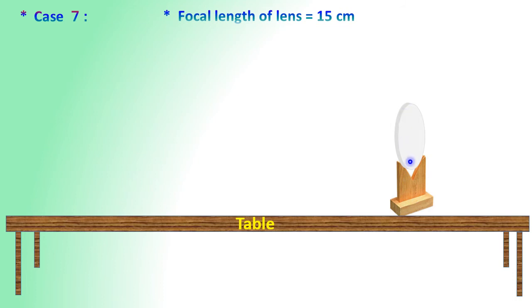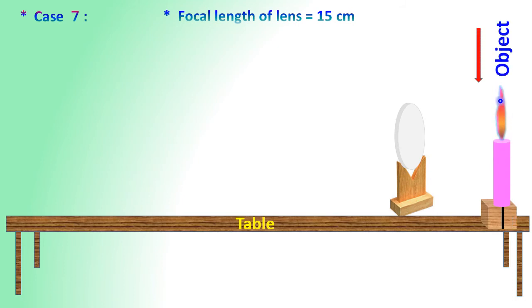And this one is the convex lens, wooden block, candle. Now let us measure its distance. The object distance is 20 centimeters. So the object is placed at the distance of 20 centimeters from the convex lens. Here it is 20 centimeters.